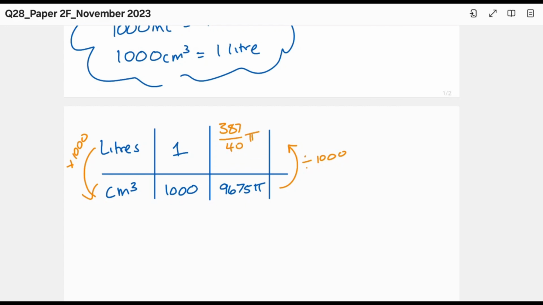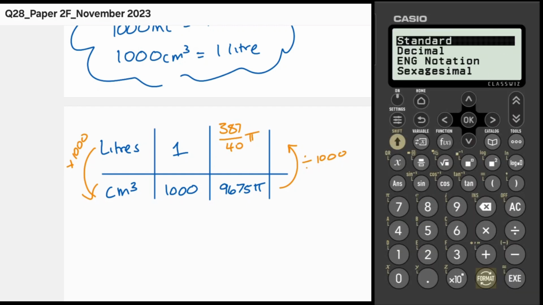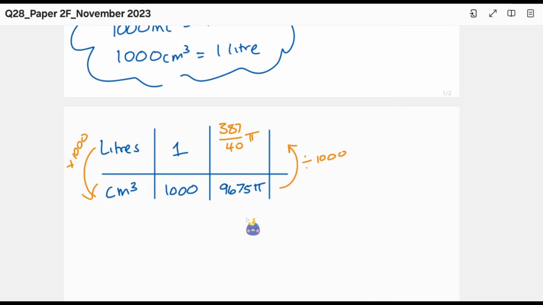Again, because we're in the middle of a calculation, I don't need to convert it to decimals. But if you really wanted to, you go to Format and then decimal, and that will tell you the answer is 30.39490892. So let's make a note of that, though I am going to keep working in terms of pi because I'm in the middle of a calculation.